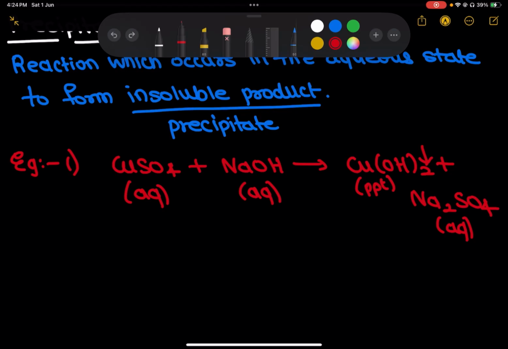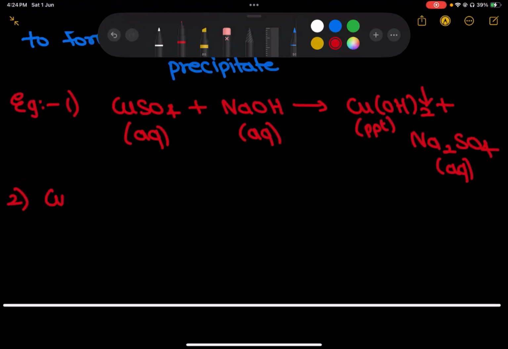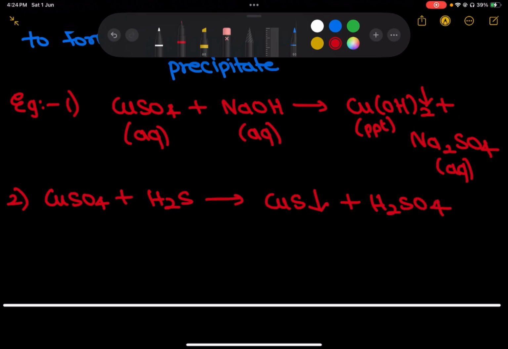A second example is CuSO4 plus H2S gives, again a new reaction, CuS precipitate plus H2SO4. Again, aqueous, aqueous, precipitate and aqueous.